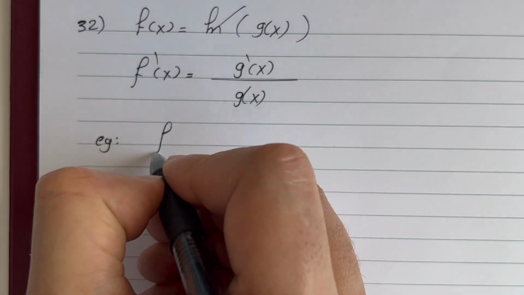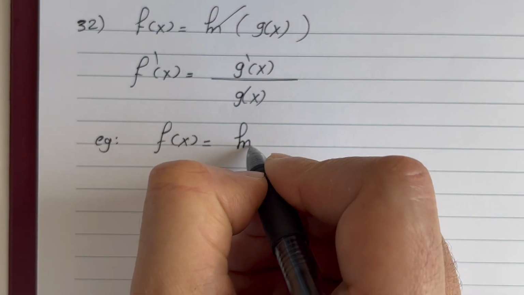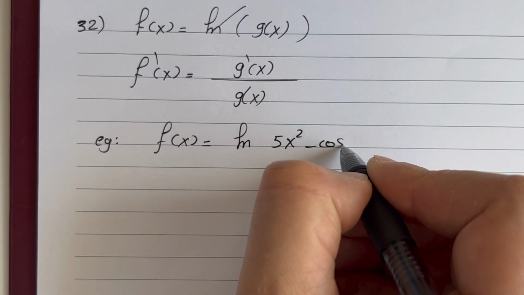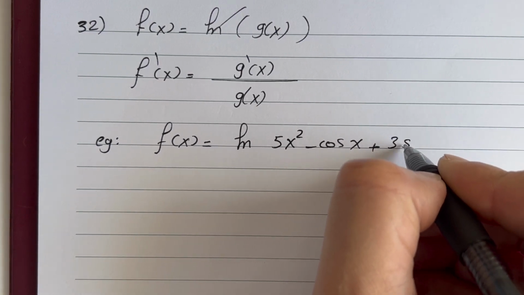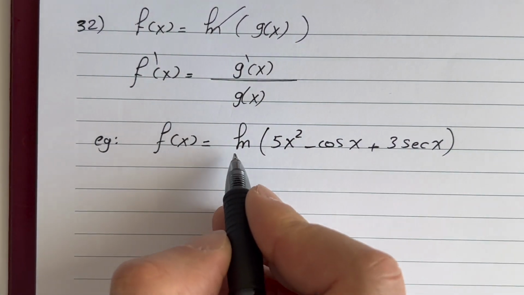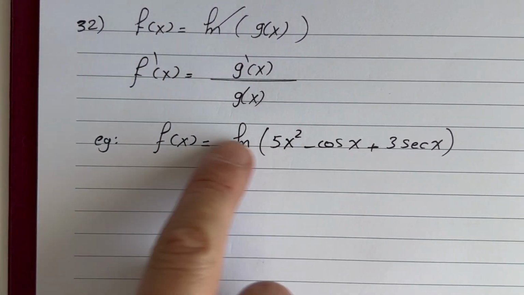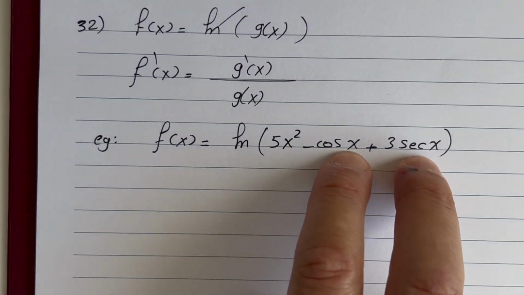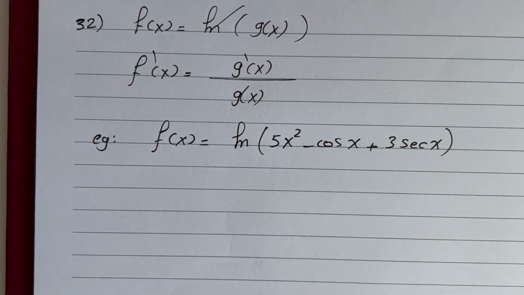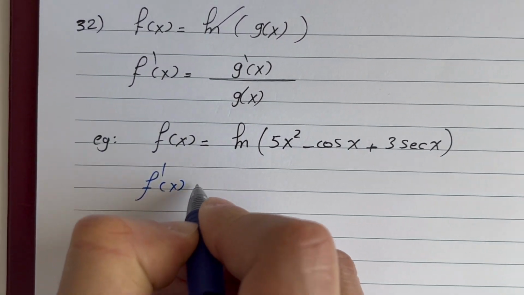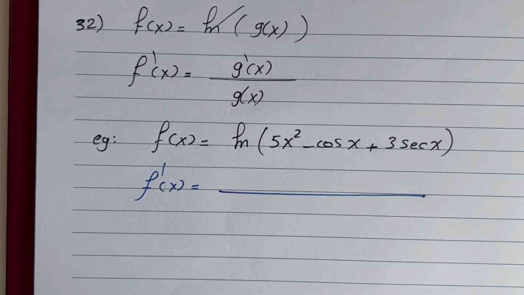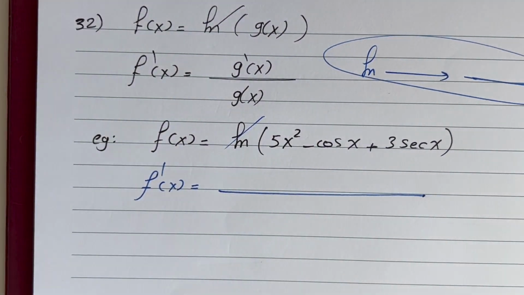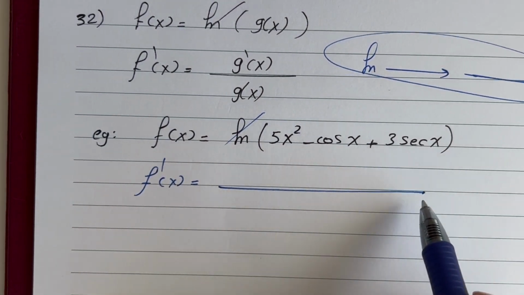Example, what is the derivative of ln of 5x squared minus cosine x plus 3 sec x? This is a logarithmic function, but there are many functions inside it, such as trigonometric and quadratic. What is the derivative? The rule says the derivative of ln will be a fraction, and ln will be deleted. So now here, g prime over g.